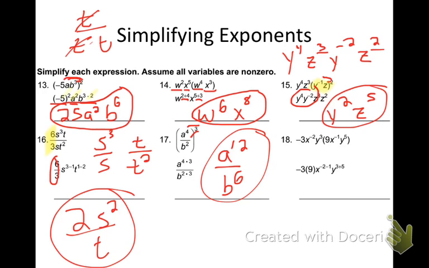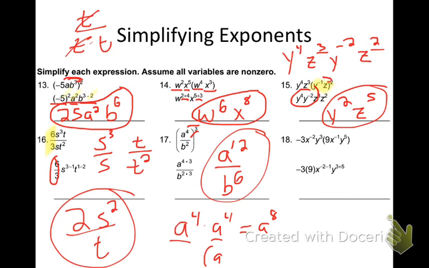How do you know when to add or multiply? If I have multiples of the same base, like a to the 4th times a to the 4th, so I have 2 bases here, now I'm going to add them. That gives me a to the 8th.